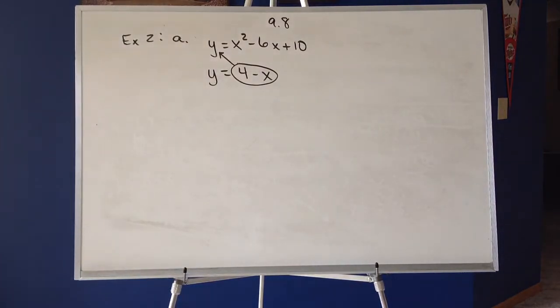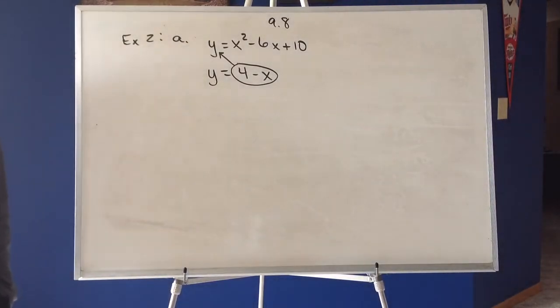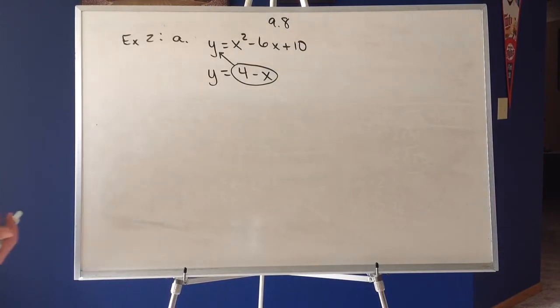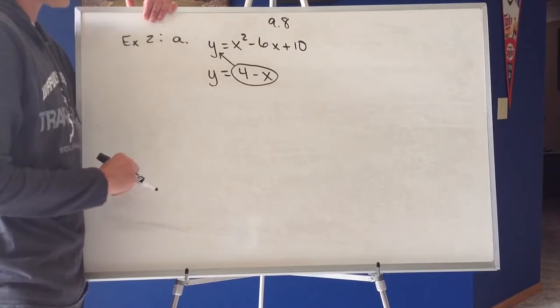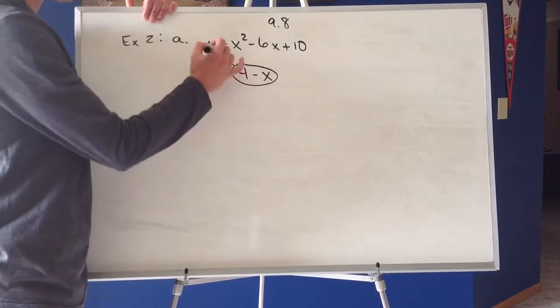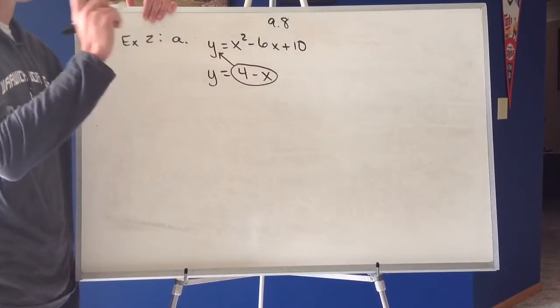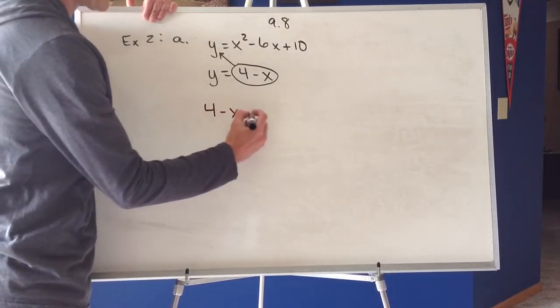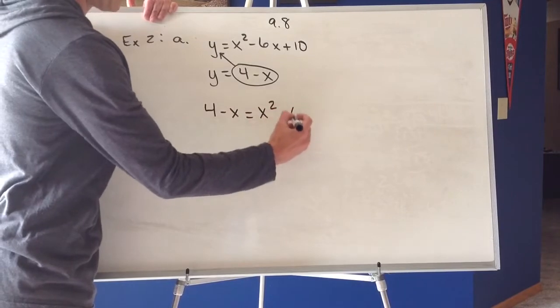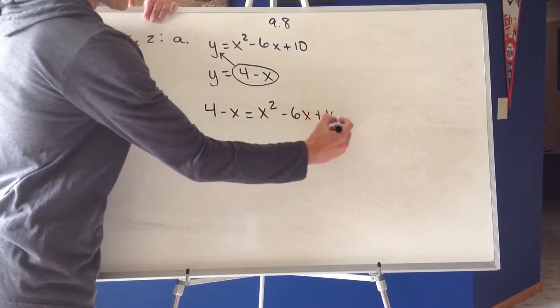We just did it with two linears instead of a quadratic and linear, but it's going to look the same. So I'm going to replace my y with my 4 minus x. I'm going to substitute in, so we only have one equation, we no longer have two. So I'll get 4 minus x equals x squared minus 6x plus 10.